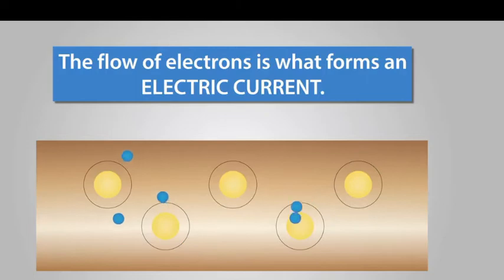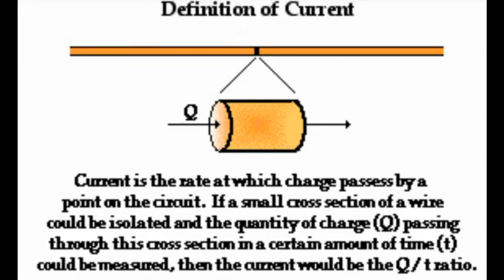So, we can generally define electric current as the amount of charge flowing through any cross section of a conductor in a unit time. The amount of charge flowing through any particular material is known as the electric current.